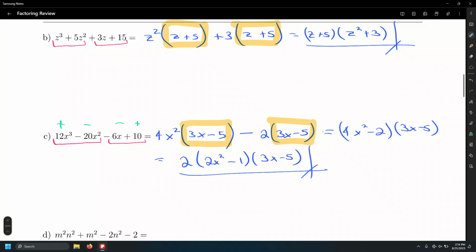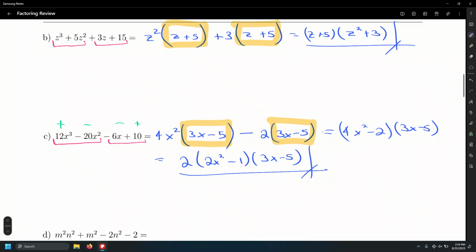And that's final answer. The reason I go the extra mile over here is that if you input this as your final result, MyMathLab is going to tell you that although your answer is correct, it's still not fully factored.